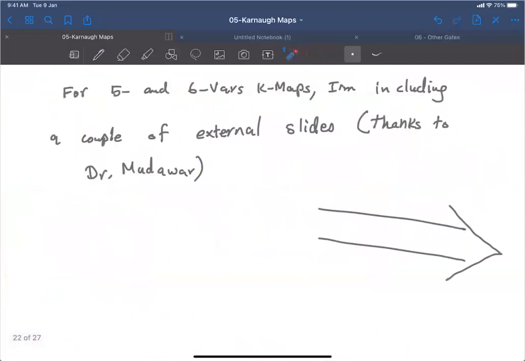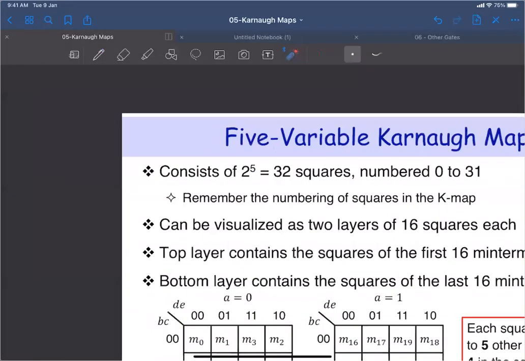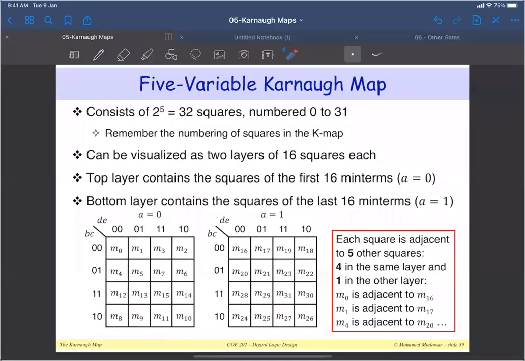So now I'm not going to discuss 5 and 6 variables in the class. 5 and 6 variable K-maps came up in the class, but I'm including the slides for your reference, the slides from Dr. Mudawwar's presentation. Okay, they are excellent slides, by the way.